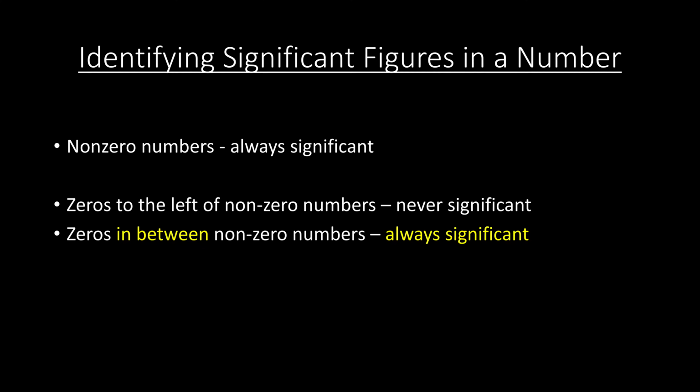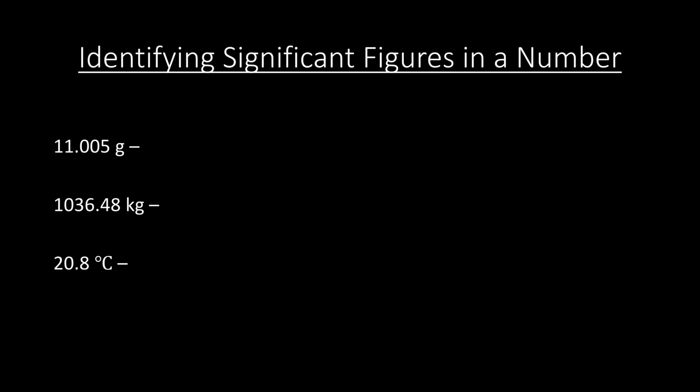Zeros in between non-zero numbers are always significant. So in the top number, the 1, 1, 5 are significant, and the two zeros, because they're in between the non-zero numbers, are also significant. So the whole number has 5 significant figures.